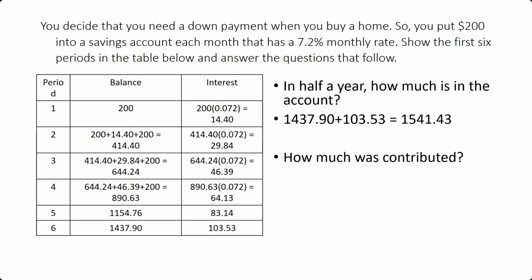How much was contributed? So how much did you put into the account? We put $200 every month, 6 months. So 2, 4, 6, 8, 10, $1,200.